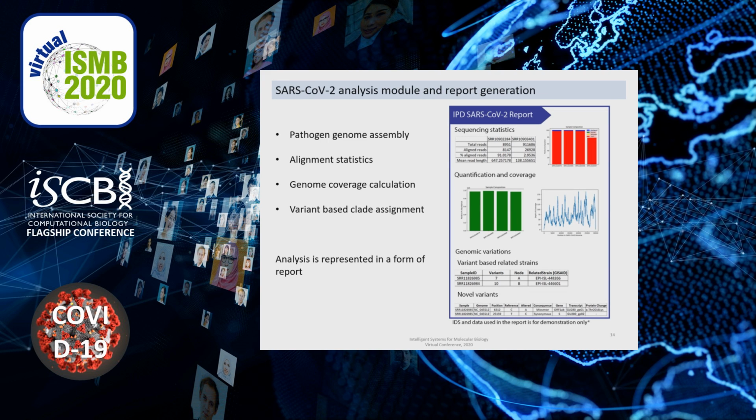Depending on whatever output comes, we present it in the form of a report, in which basic sequencing statistics is provided, followed by quantification and coverage of the pathogen, and the novel and the known variants are also reported.